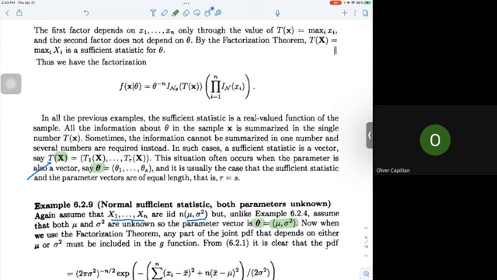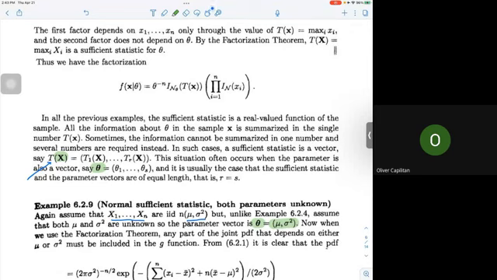Okay, so given this sample, normally distributed with mean mu and variance sigma square, both mu and sigma square are unknown, how are we going to determine the sufficient statistic?